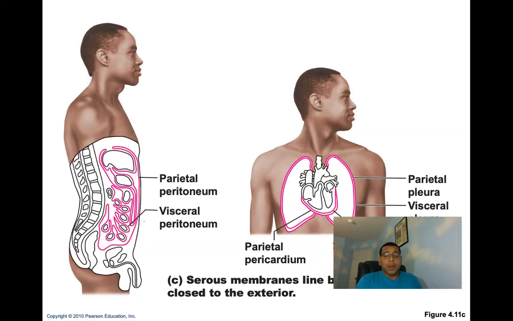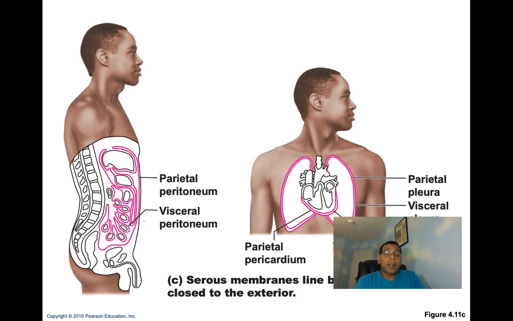And then the third type are going to be our serous membranes, or serosae. We've discussed them before, right? They're moist membranes. They're going to be found in the closed ventral body cavities, and they are named according to their site and specific organ association, as we saw in the last chapter. You have pleura, pericardium, and peritoneum, depending on which organ we're talking about.